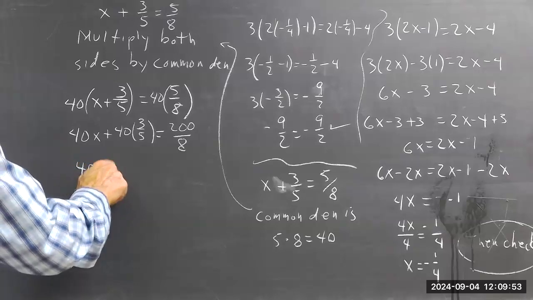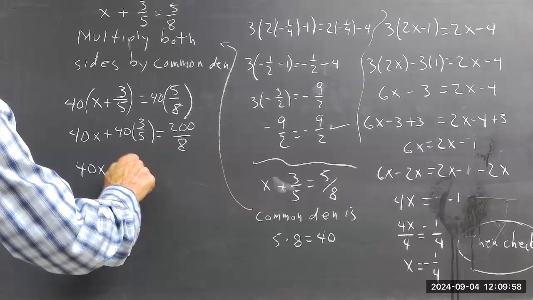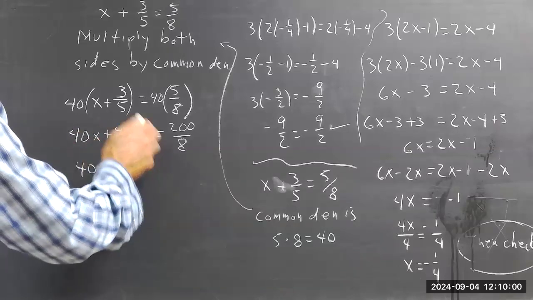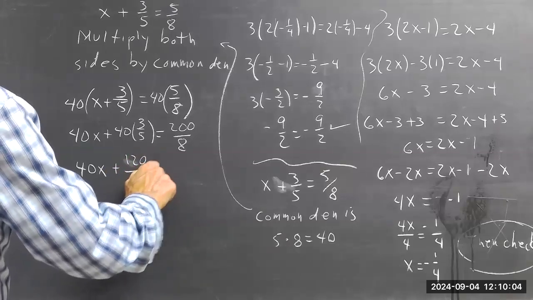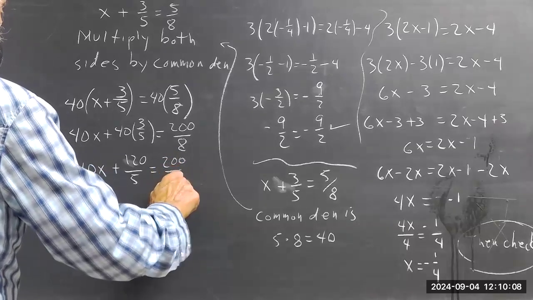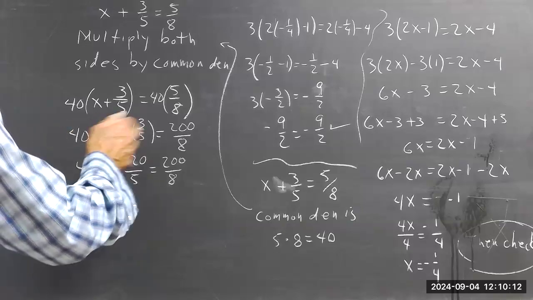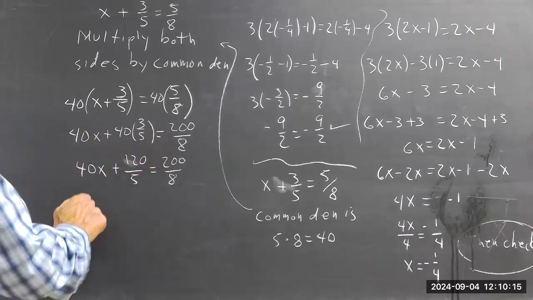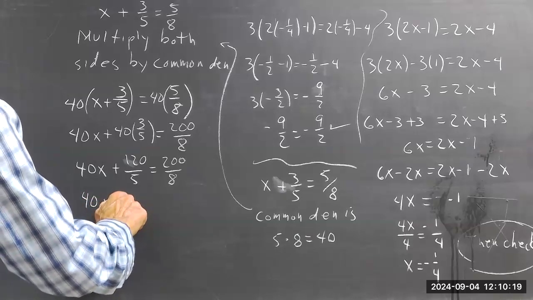Giving us 40x plus, I'll write it out, 120 over 5 equals 200 over 8. Now, there's something kind of important to see here, and since I'm multiplying the numerators and doing the division, it kind of obscures that. We'll talk more about that next time.